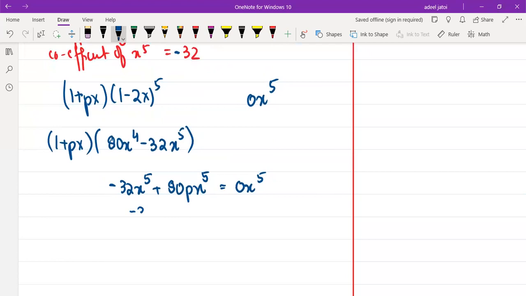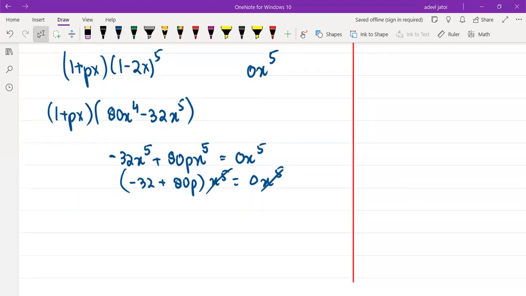So that means minus 32 plus 80p, taking x to the power 5 common, is equal to 0x to the power 5. x to the power 5 cancels out.